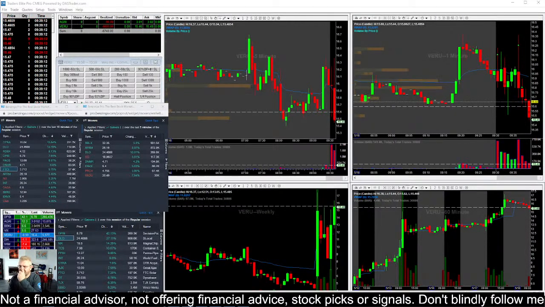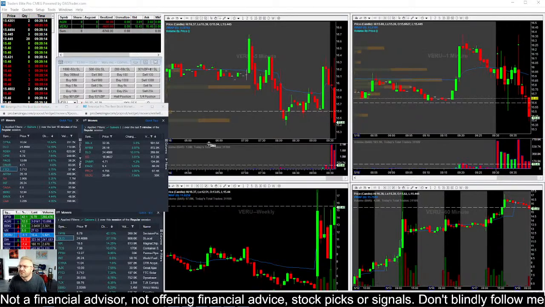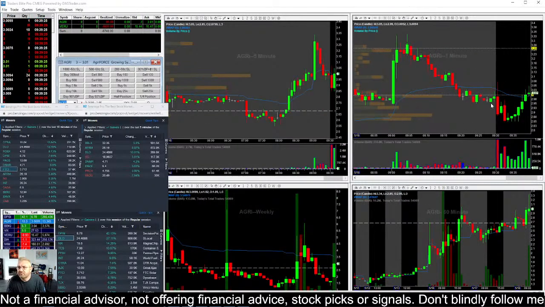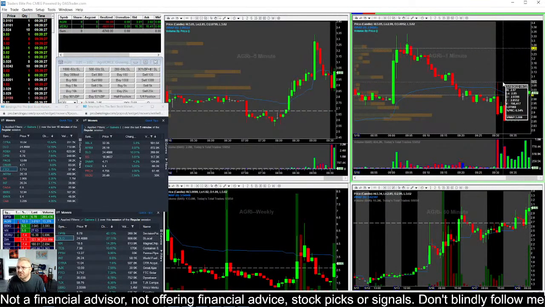Look at it. Looks like I'm going to have to trade my way out of a hole again. This is becoming a habit. So agri, we've not quite broke the high, which is 3.07, the opening range high.